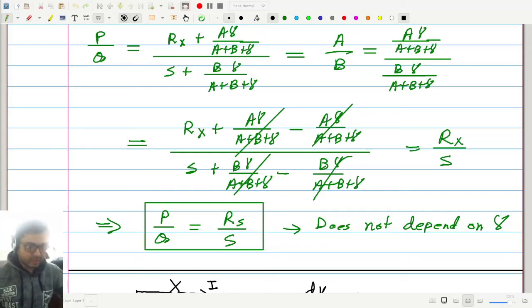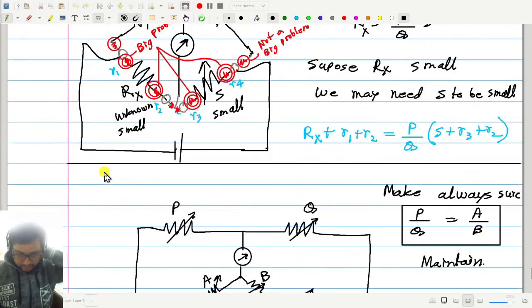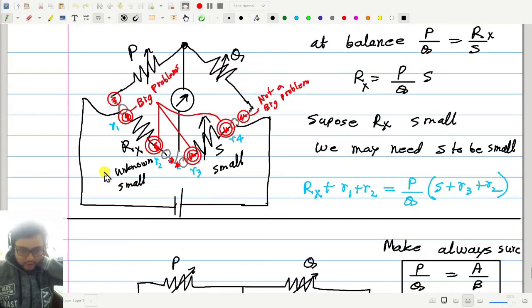So we are studying Kelvin double bridge, and the introduction to this topic was as follows.